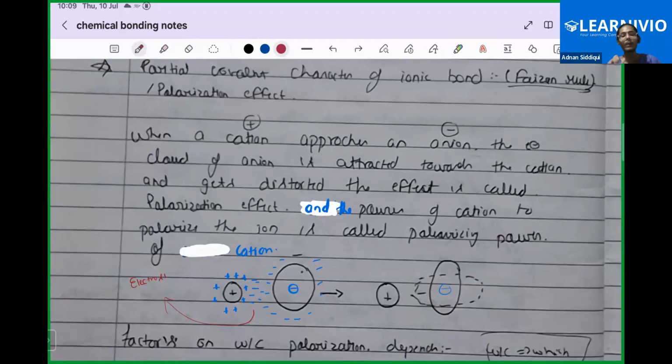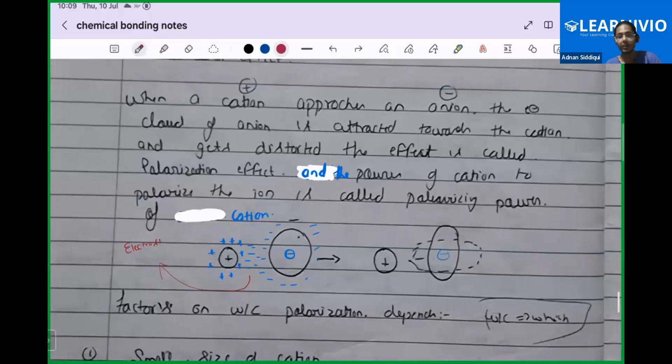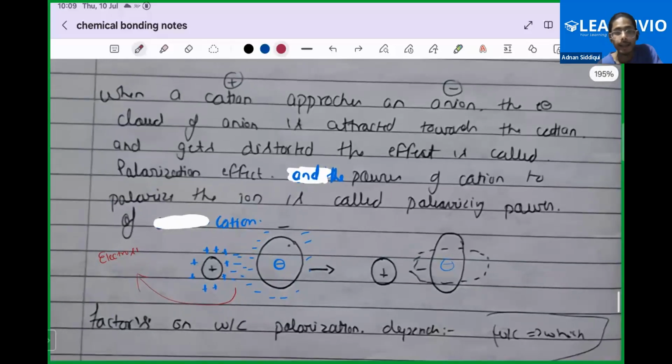So once my cation reaches my anion due to the attractive forces, they will come close to each other. What Fajan said is, if my cation is very small and my corresponding anion is very large, then we will observe better bonding. This ionic bond will lead to covalent character.